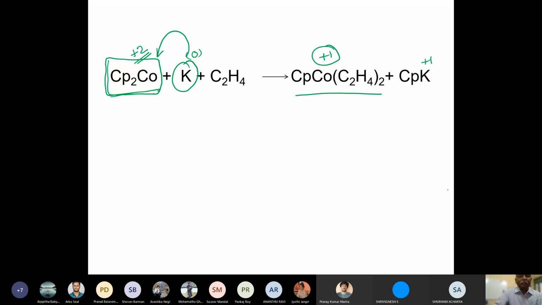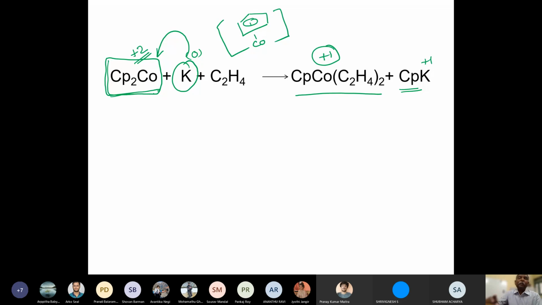Now, what is interesting is when you're pumping in electrons into the cobalt complex, one of the Cp minus ligands has gone away, and the intermediate that must have been formed is this intermediate. So this is a coordinatively unsaturated intermediate, CpCo, that is coordinatively unsaturated, and that would have 5 + 9, 14 electrons only.